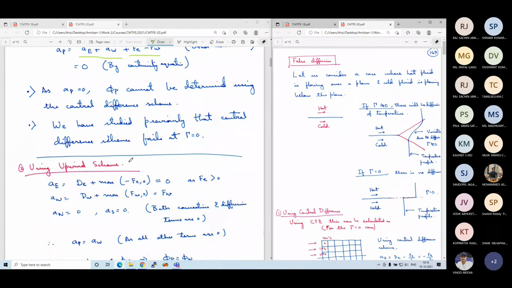So upwind scheme says that Ae is equal to De plus maximum of minus Fe, 0, and Aw is equal to Dw plus maximum of Fw, 0. Okay. This you can go back to the notes to check.